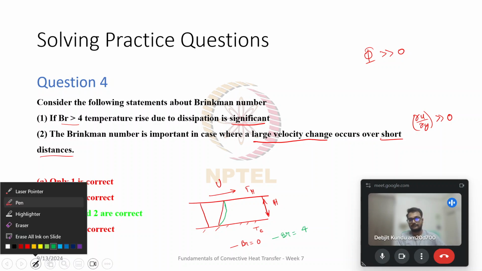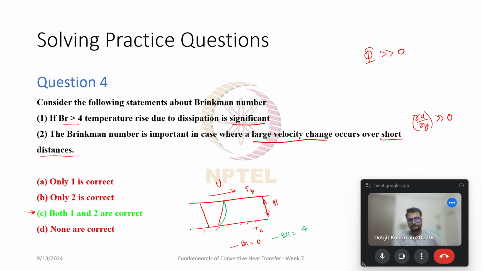Now if we keep increasing the Brinkman number, we get some Br greater than 4. The viscous dissipation is enough to increase the maximum temperature within the flow even above the higher temperature of the two walls, that is Th.